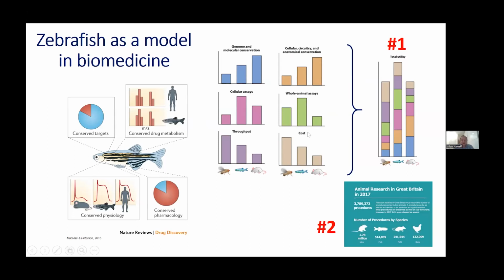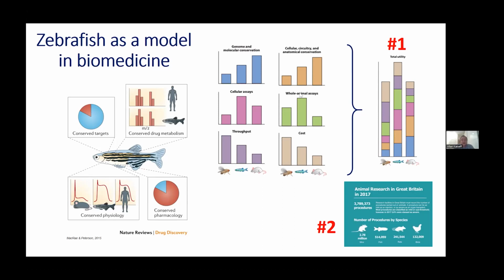It allows whole animal assays, cellular assays, the availability of whole body, whole organism imaging, the homology of genome and physiology, the conservation of molecular targets. All that is really making zebrafish a useful model in biomedicine.